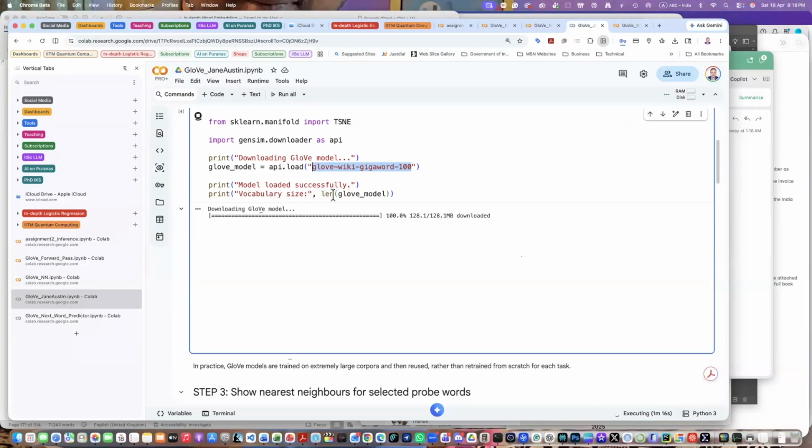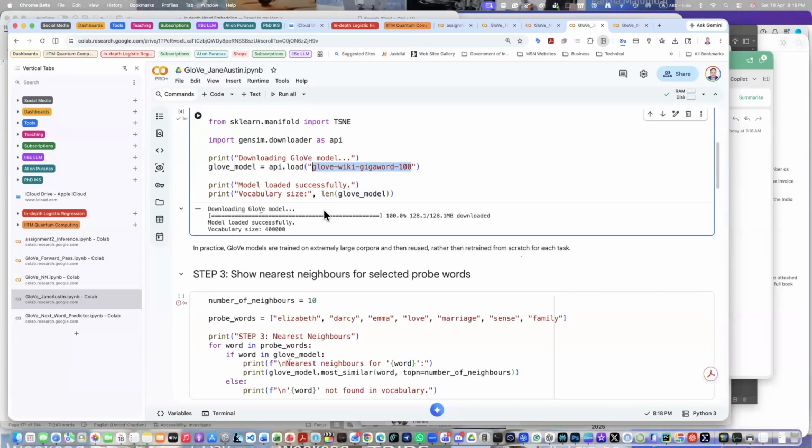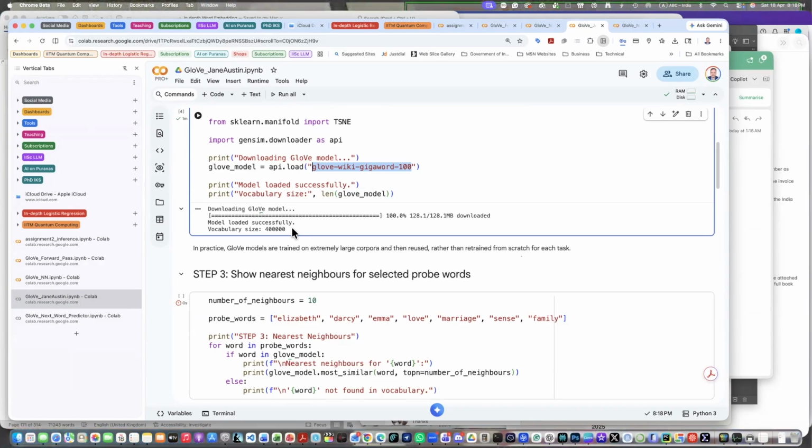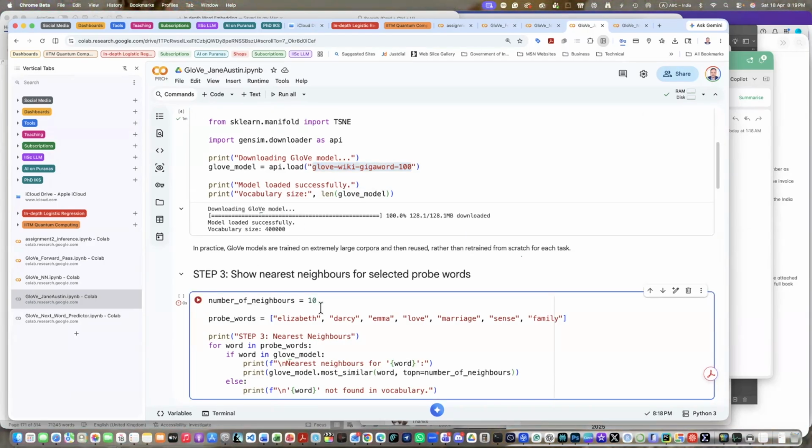Can you anticipate what can be a problem with GloVe? Anyone? Can you try and anticipate what can be a problem which we will have with GloVe? Think about it. I will anyway tell you at the end of the class. What can be a problem?